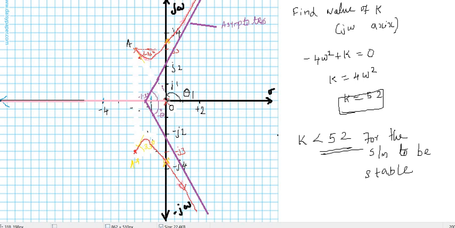So these are the portions marked in red, these are our root locus branches.